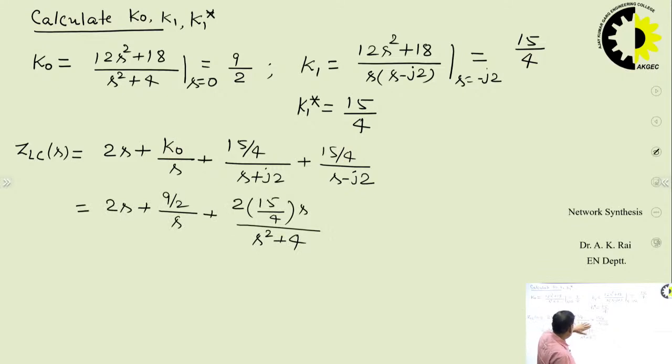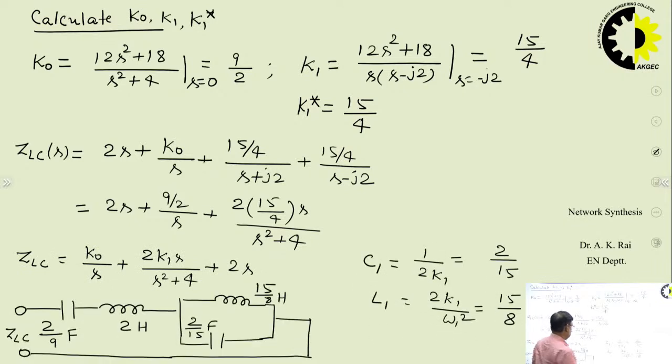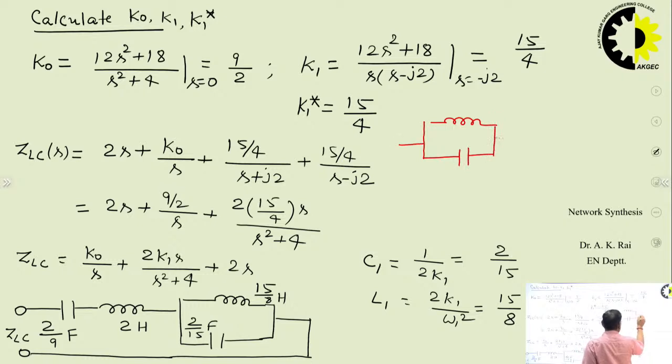Okay. So how will we do this? Suppose I am writing here. If you remember in the last class, I am doing it again here. No need to remember anything. This is your SL and this is your 1 by SC.